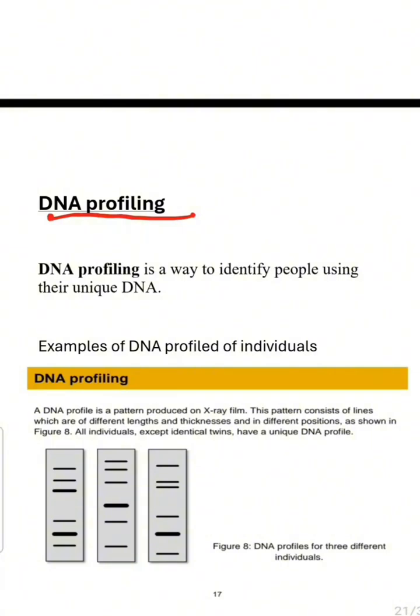What is DNA profiling? DNA profiling is a way to identify people using their unique DNA. Let me explain this to you. When some criminal activities happen, how do detectives or police officers identify the criminals? They basically identify them using their DNA.